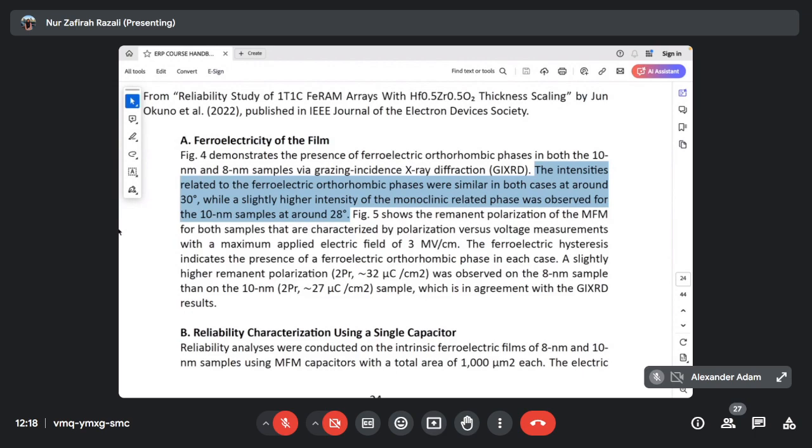Zaf. Commenting. Joel, commenting or reporting? Similar.